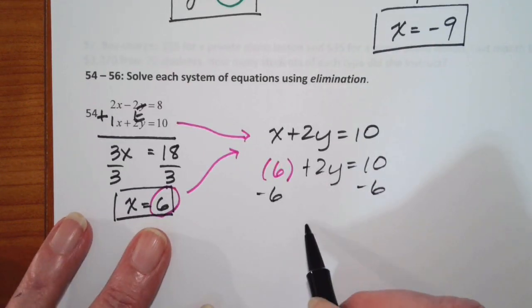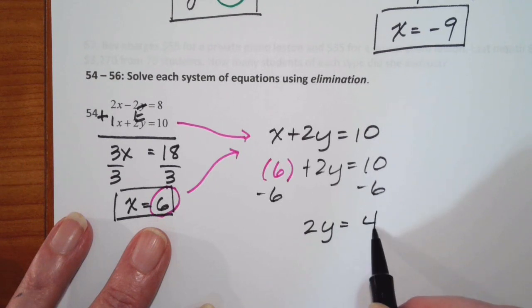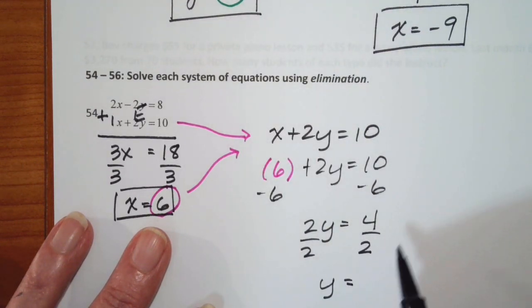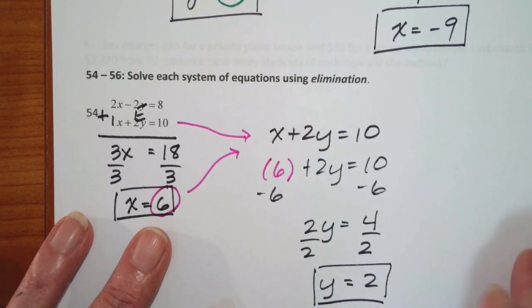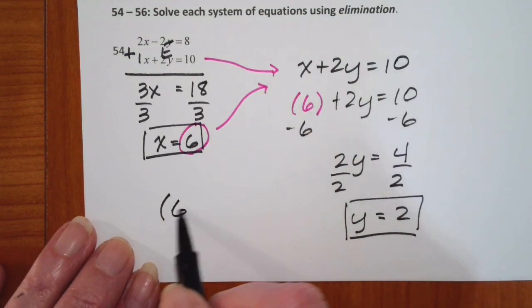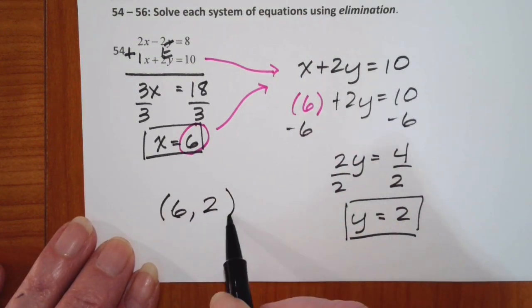Subtract 6 from both sides, I get 2y is 4, and I get y is 2. So my solution as an ordered pair, I put the x-coordinate first, the y-coordinate second.